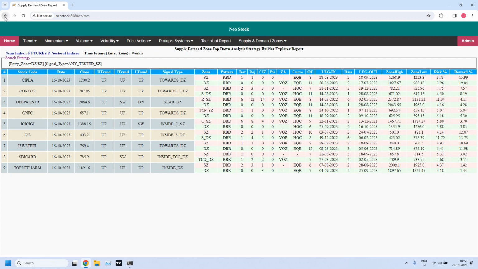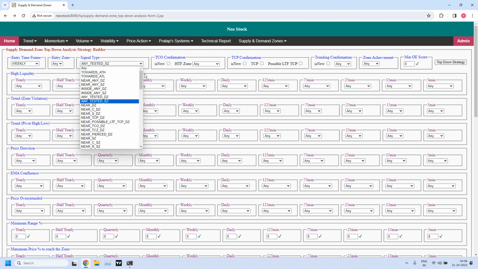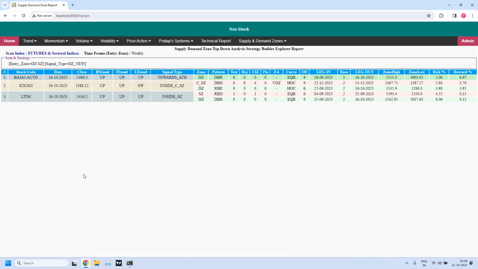So let's go back. Entry time frame weekly. Let us find the newly created weekly demand zones. So these three stocks are having newly created weekly demand zones.